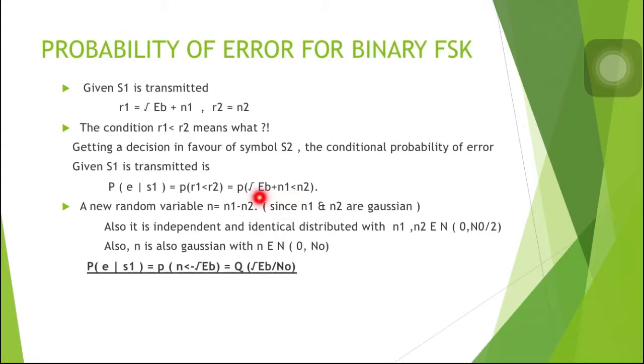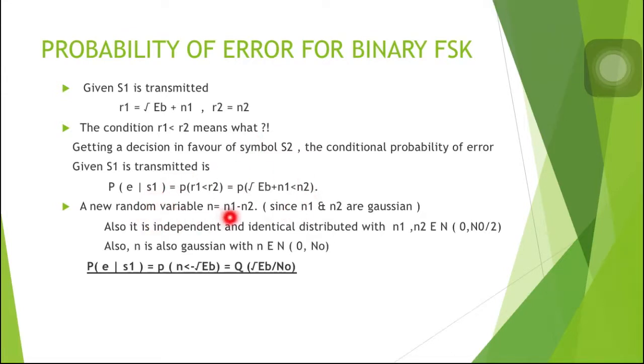So where did we get this equation? We know the condition is R1 less than R2. Why is that? Because S1 is transmitted. So in this condition we can replace R1 with root Eb plus N1, which is what we have done here, and R2 with N2.